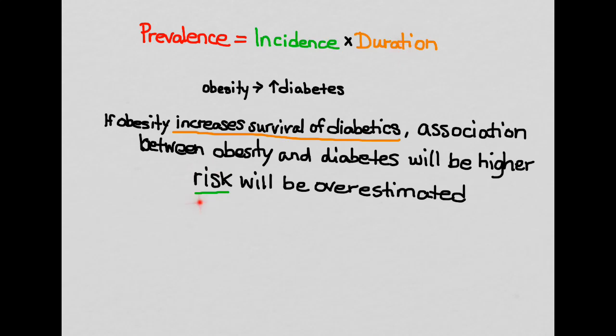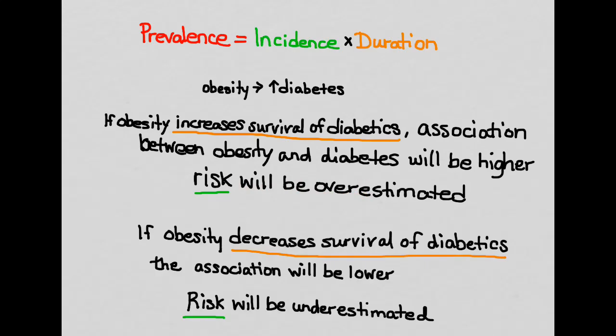When you're estimating risk, you're inferring incidence from prevalence. But if the exposure has a big impact on duration, then that will increase the prevalence. But it's not because it's higher incidence, it's just because it's affecting the duration. And so that results in an overestimation of risk.